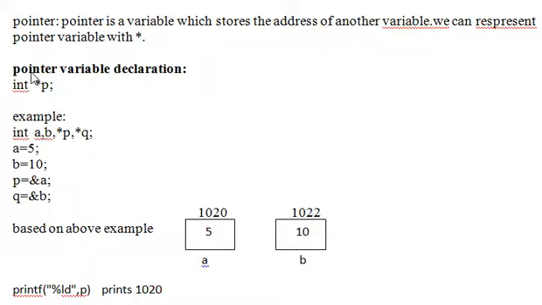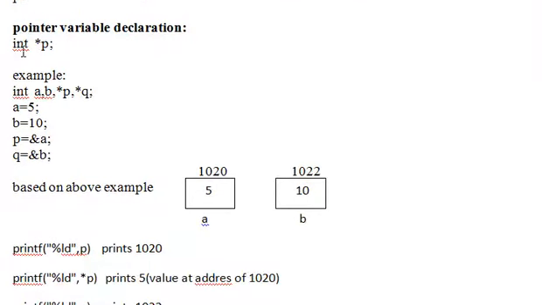So for example, pointer variable declaration. As usual, before using pointer variables in our program, first we have to declare the pointer variable. So here int *p. The star is the pointer variable representation. Generally we declare int p if p is an integer data type variable.